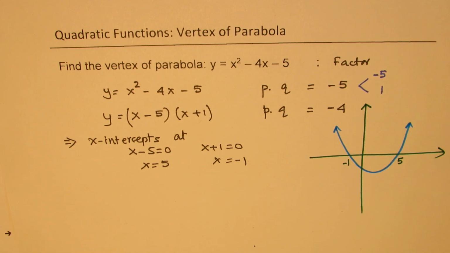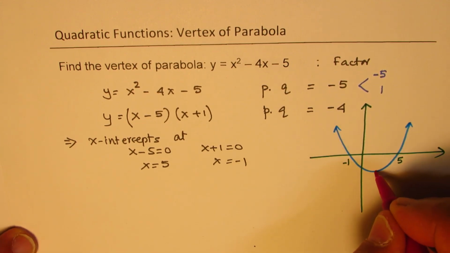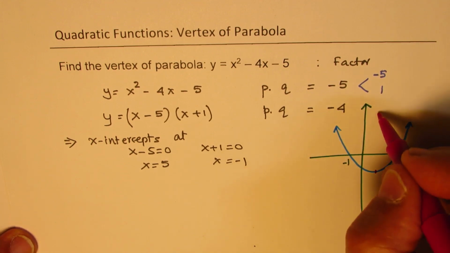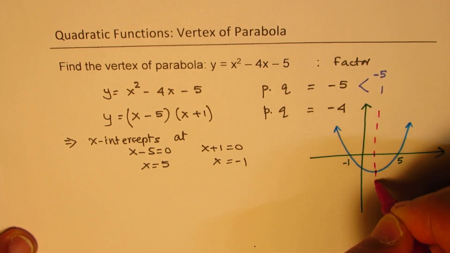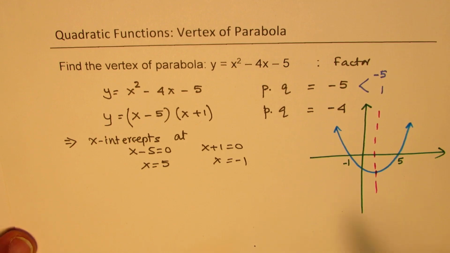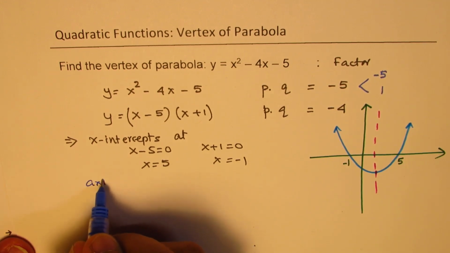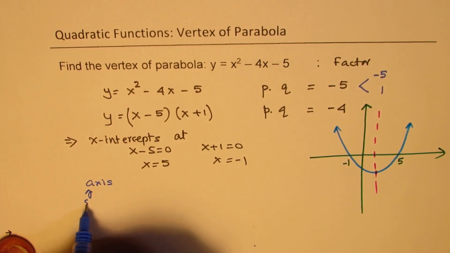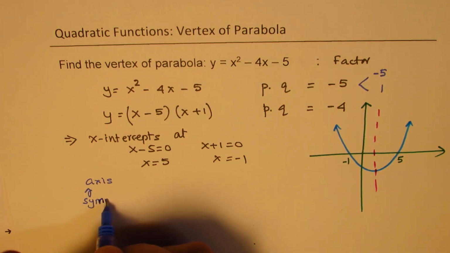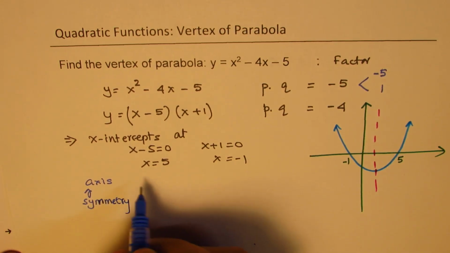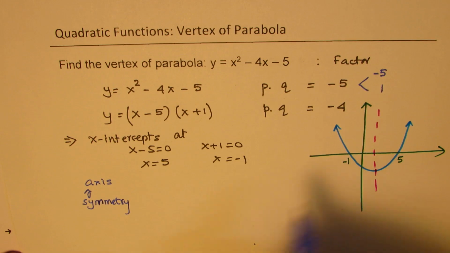Okay. Now clearly, as you can see from here, the vertex lies midway between the two x-intercepts. So we call this the axis, right? So we can find the axis of symmetry, which is midway. We add these two and divide by 2.